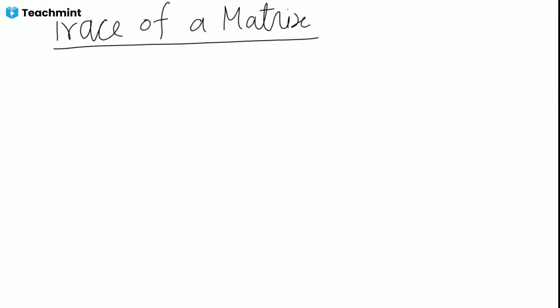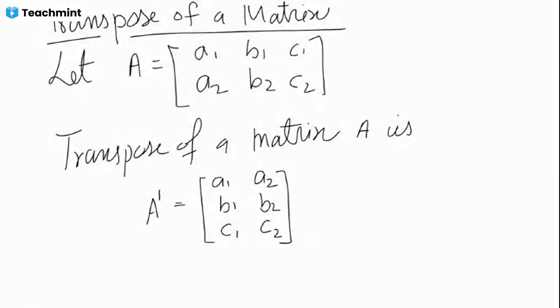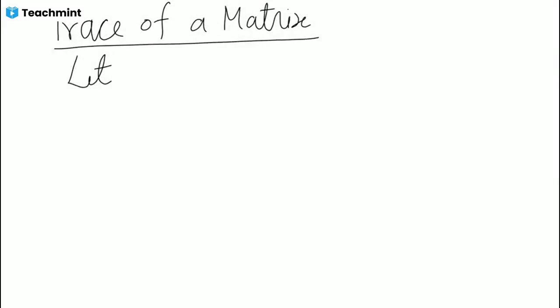Trace of a matrix: just add the elements of the diagonal. We find the trace only for a square matrix, whereas the transpose we can find for rectangular and square both.